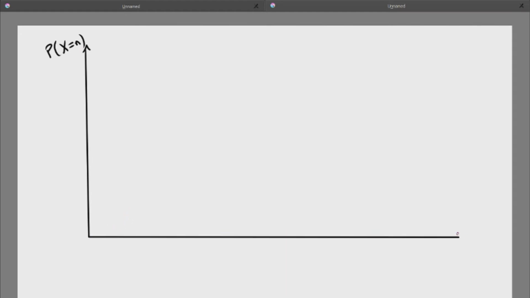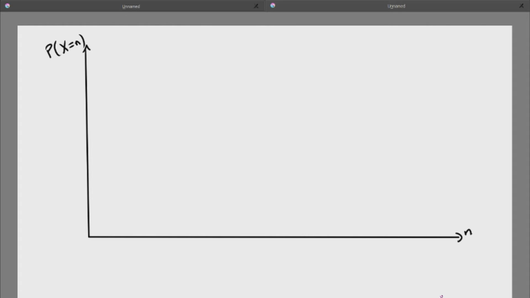So I'm going to have my vertical axis, which is big, and that's going to be my probability that x equals a number. And then I'm going to have my horizontal axis, the possible numbers for x, because those are the 2 things in my table.